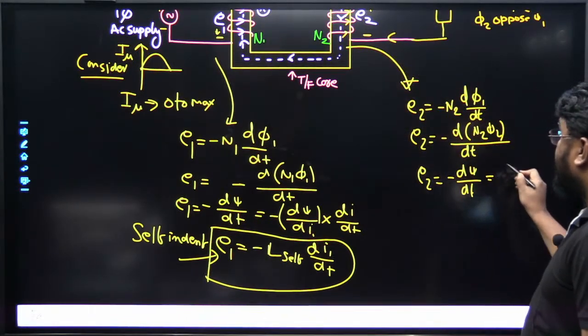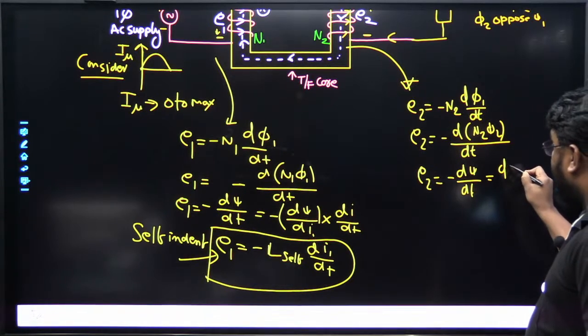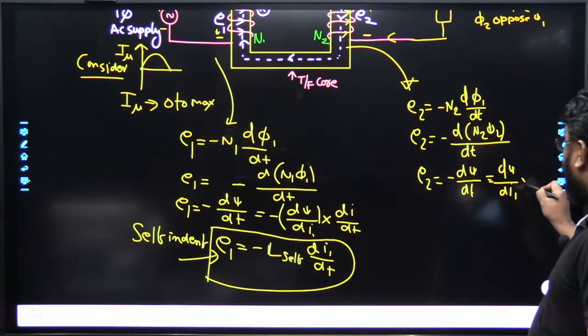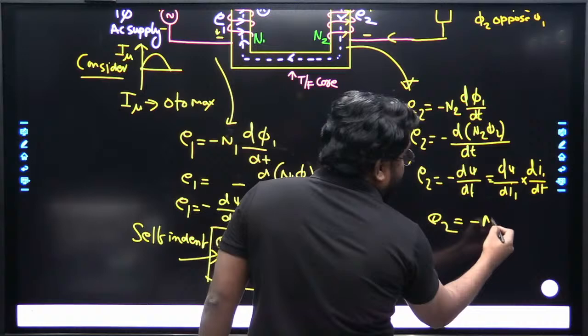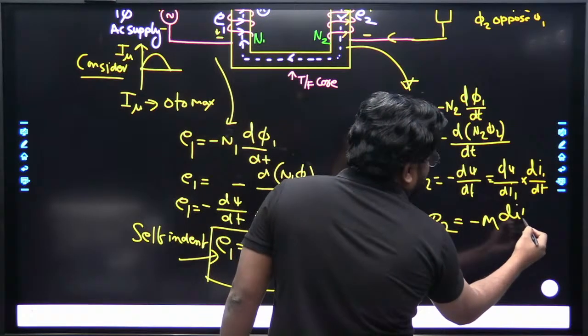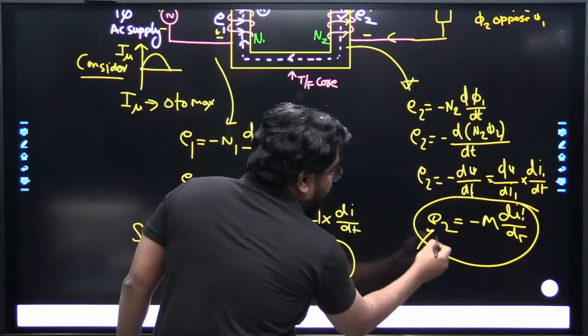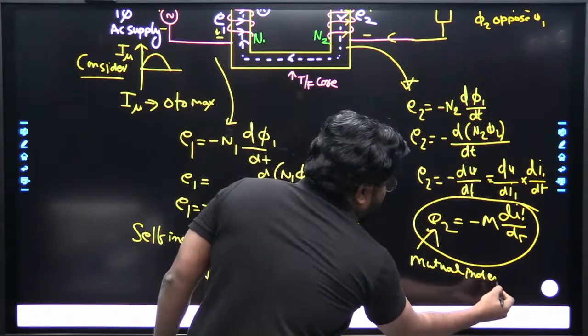There is no current, so only the primary flux, that's why d psi by di1 multiplied by di1 by dt. So this is equal to minus M di1 by dt, which is known as the mutual induced EMF.